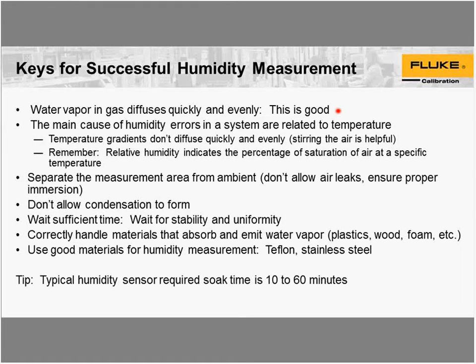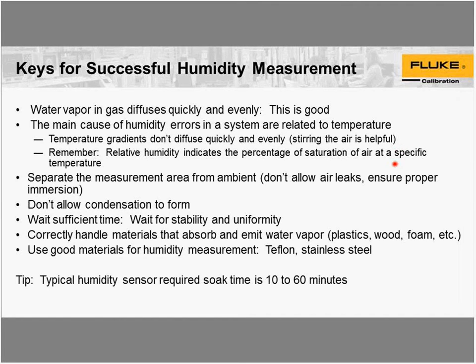So the temperature gradients don't diffuse quickly and evenly like water vapor does. Stirring the air is one method of mixing the air, methods of helping reduce temperature gradients that are inside the air. And again, the relative humidity is an indication of the percentage saturation of air at a specific temperature.